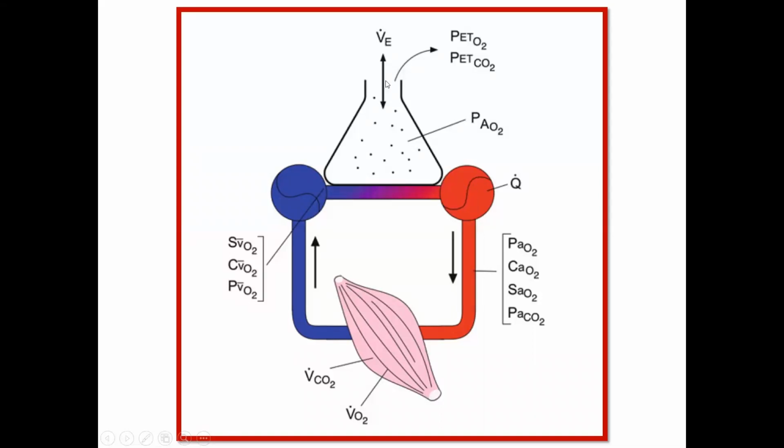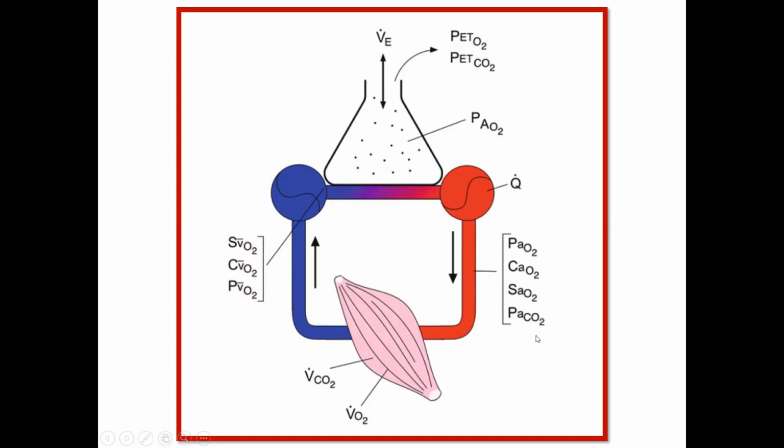The 2 numbers you need to know within the lungs are PETO2, which is end-tidal O2, and PETCO2, which is end-tidal CO2. This end-tidal CO2 is a surrogate of arterial PaCO2. That is an important thing to remember. So oxygenated blood comes from the lungs into the heart, is pumped forward towards the muscles.